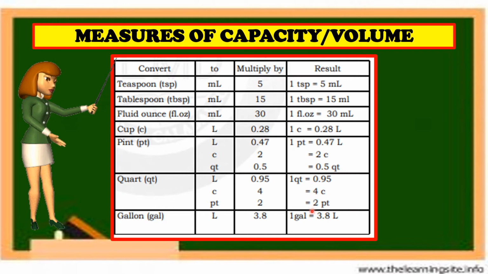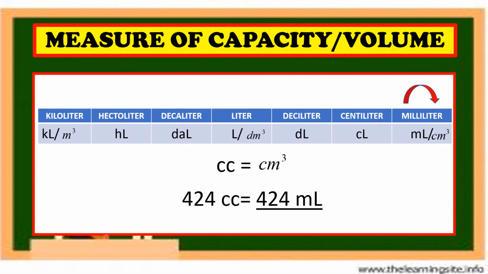And the other one. For volume or capacity, we have kiloliter, which is equivalent to liter cube. We have hectoliter, decaliter. Liter is equivalent to decimeter cube. Deciliter, centiliter, milliliter is equivalent to centimeter cube.